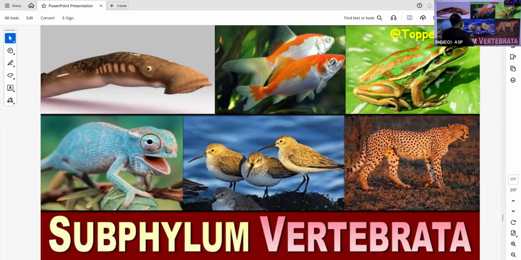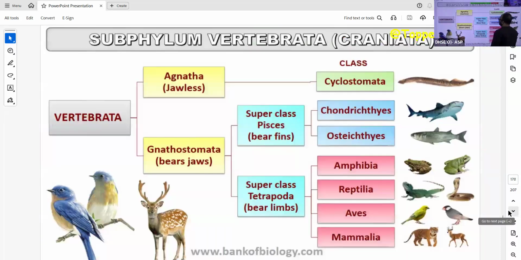Fine. Now, let us move into the subphylum Vertebrata. Look at its classification. ठीक है? तो ये देखिए. This is the classification of subphylum Vertebrata. Why? Because we just read and understood that the phylum Chordata has 3 subphyla.